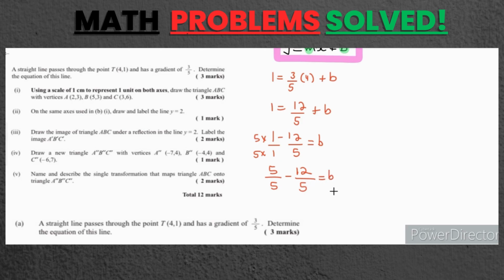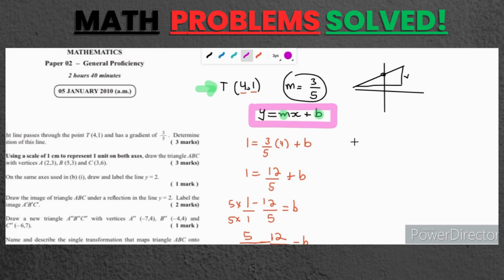Here b will become 5 minus 12, which is -7/5. So the y-intercept is -7/5.